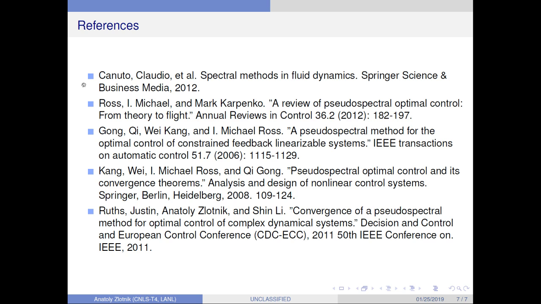So Spectral Methods in Fluid Dynamics describes approximation techniques and convergence theorems, and the other references examine application of these schemes to optimal control, as well as several applications in aerospace and other dynamic systems.